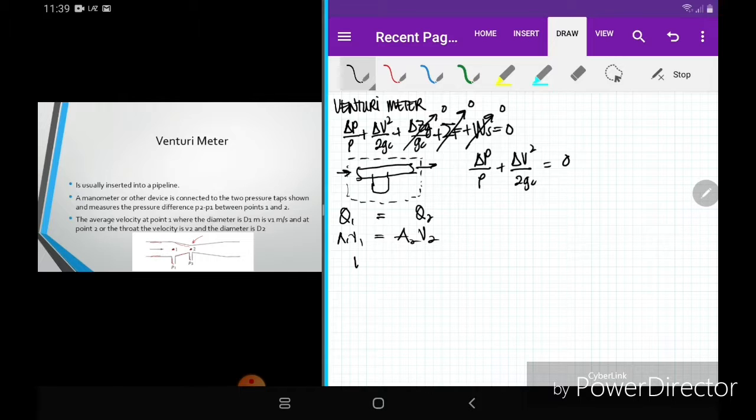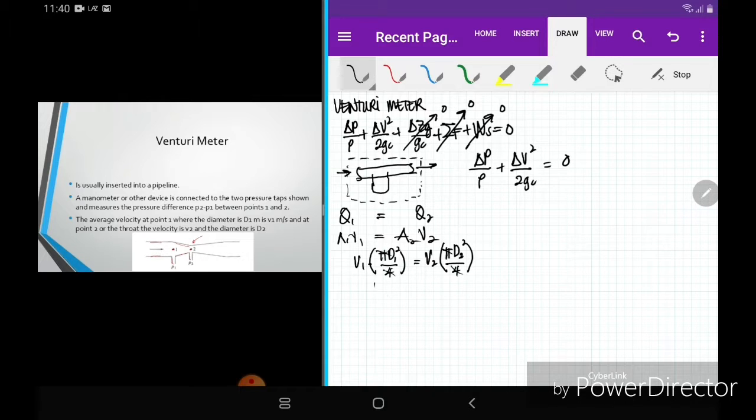Then, you have V sub 1 multiplied by pi D sub 1 squared all over 4 is equivalent to V sub 2 pi D sub 2 squared all over 4. Now, as you can see, parehong may pi over 4, so pwede natin i-cancel yun.